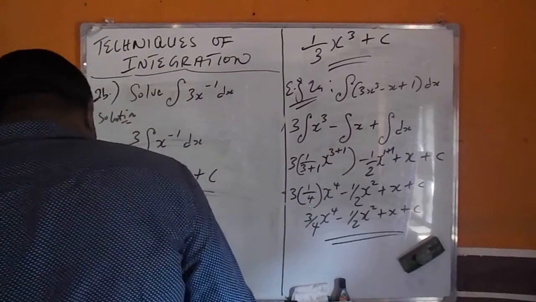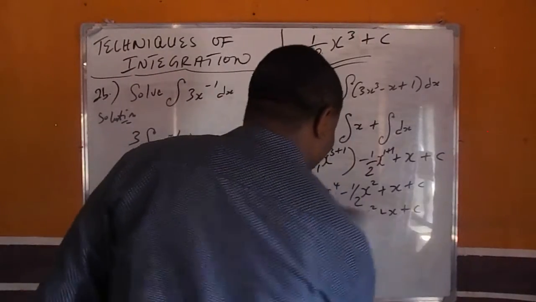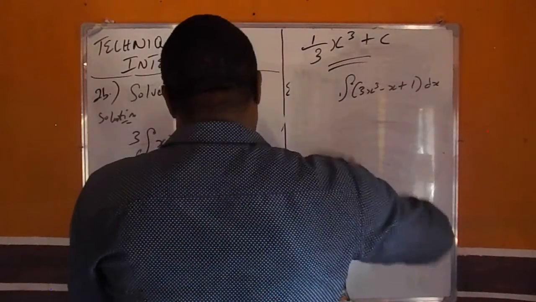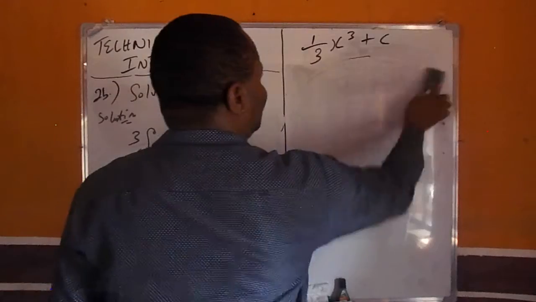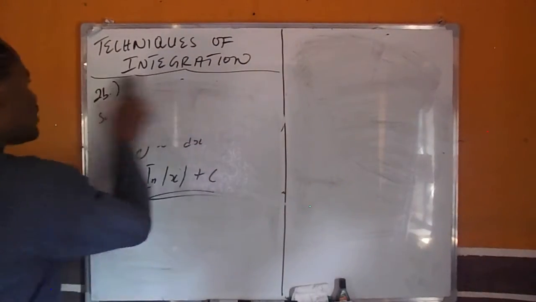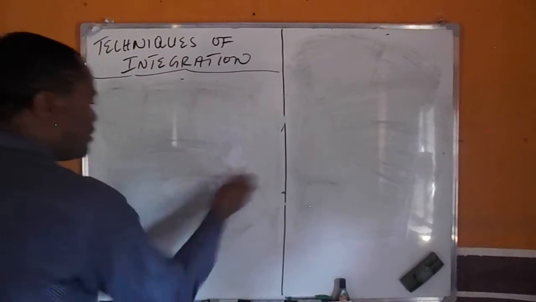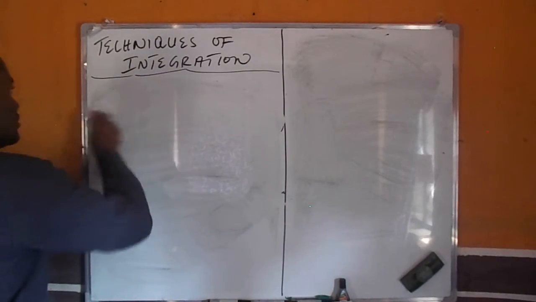Now, we want to move. After all this, we want to move to integration by substitution. How do we solve questions on integration by substitution, whereby we are to substitute?